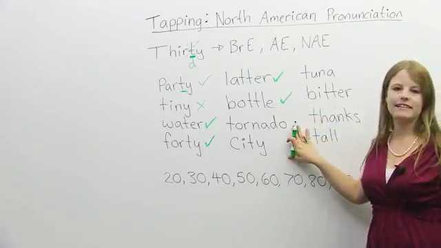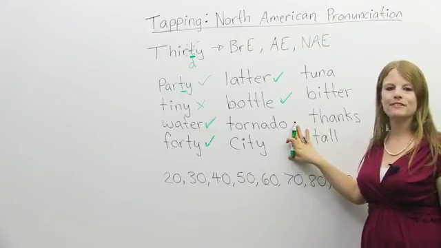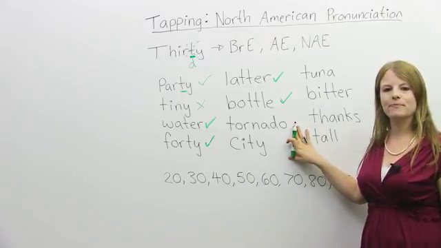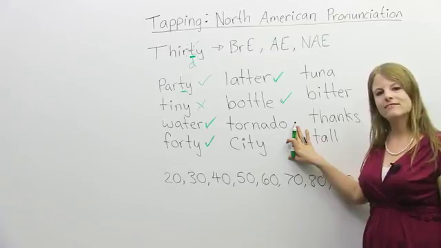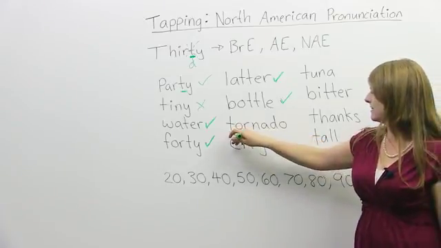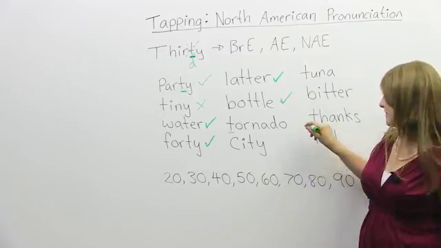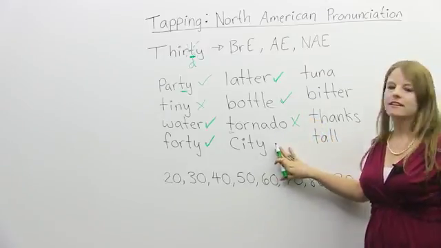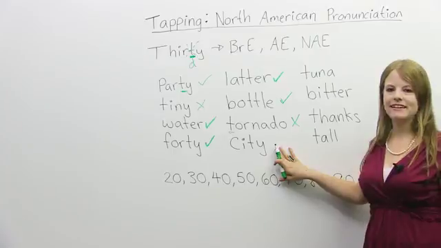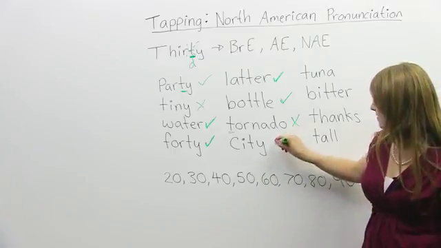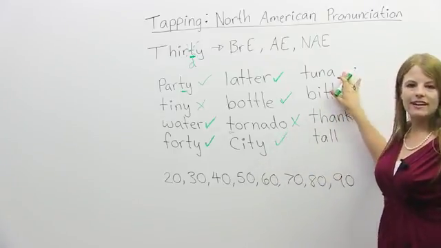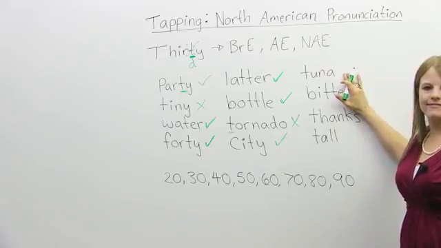Okay, the next word that has a T in it, tornado. Does it have a D sound? I mean, where the T is, of course it has a T sound, but tornado, no, we don't pronounce it like a D. City. Yeah, it has a D sound. Tuna.